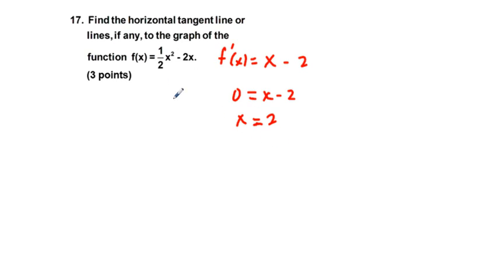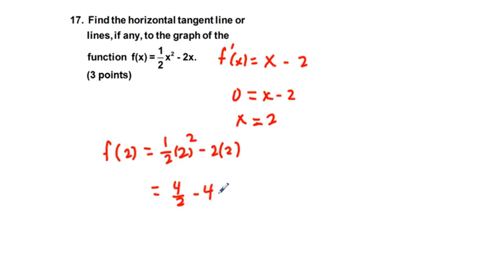And the next thing we need to do is find f of 2. Just plug in 2 to the original equation, and we get 1/2 of 2 squared, in parentheses, minus 2 times 2. And 1/2 of 2 squared is 4 over 2 minus 4, which equals 2 minus 4, which equals negative 2.